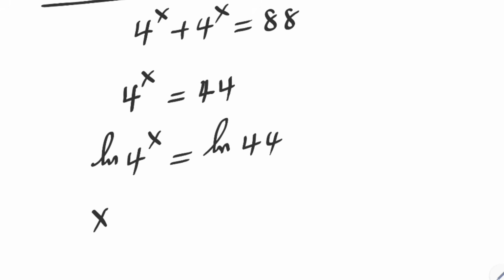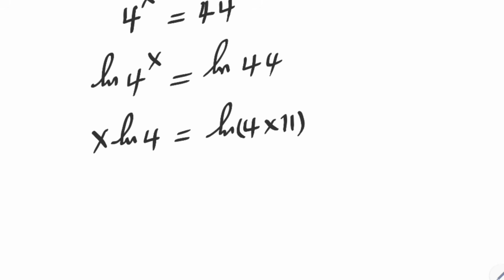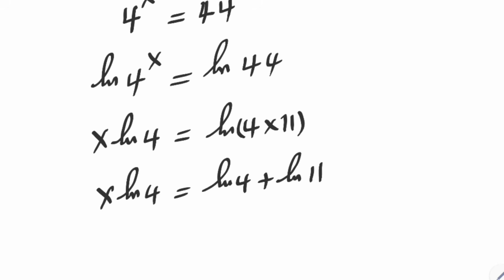Then we have x ln of 4 is equal to ln of 44 can be written as ln of 4 multiplied by 11. Same procedure. x ln of 4 is equal to ln of 4 plus ln of 11.